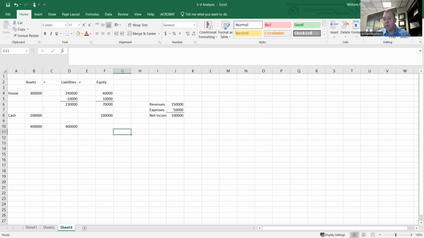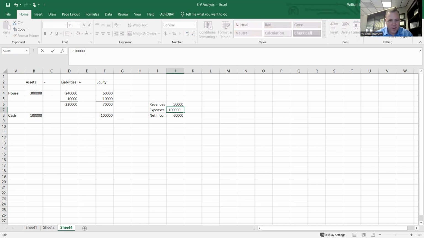The same would be true if I had lost money. Let's flip these transactions really quick. Let's say my revenues were 50 and my expenses are, let's say, 100. Oh, not 10.